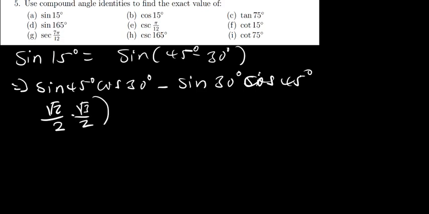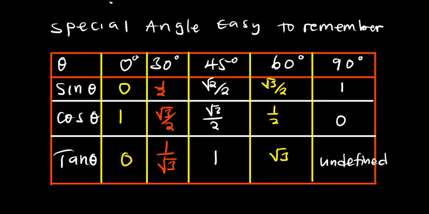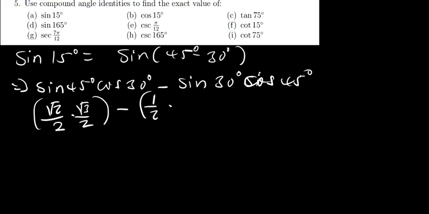I'll put these in brackets, minus sine 30, which is 1 over 2, times cos 45, which is root 2 over 2. So we go ahead and say root 2 times root 3 is root 6, then 2 times 2 is 4. Minus, that is going to be root 2, then this is going to be 4.